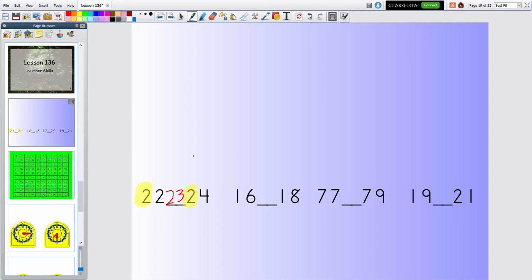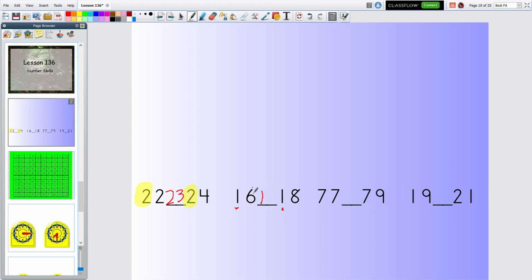Okay, let's jump over here to this one. Now, we know this starts with a 1. This starts with a 1. So in between, do you think that's going to start with a 1? It sure is. Now, the teen family always starts with a 1. So you know there's a teen. This is the 16, and that is the 18.